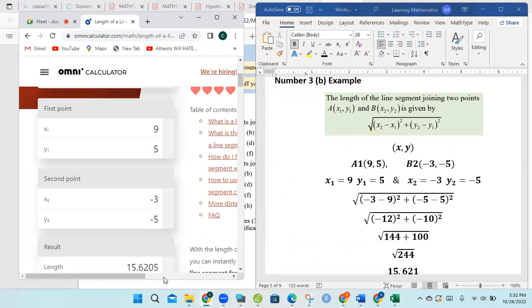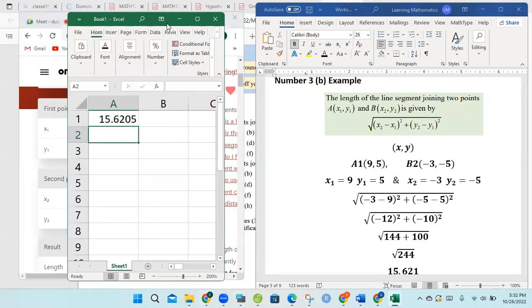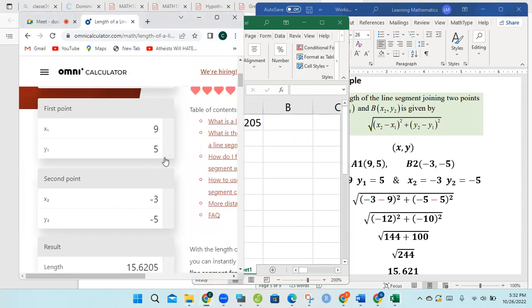And here it is, 15.6205. That's what we got. And we round it off to 3 decimal places. It's 15.621. So it is possible to verify your answers using the online length of line calculator.